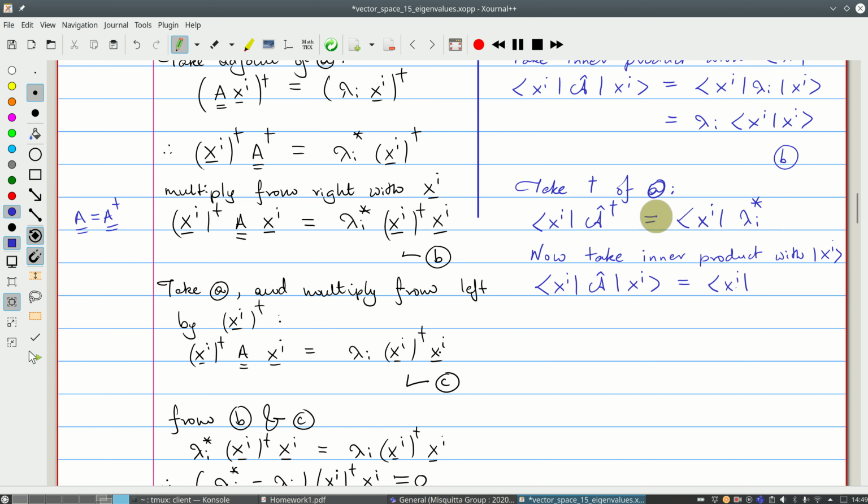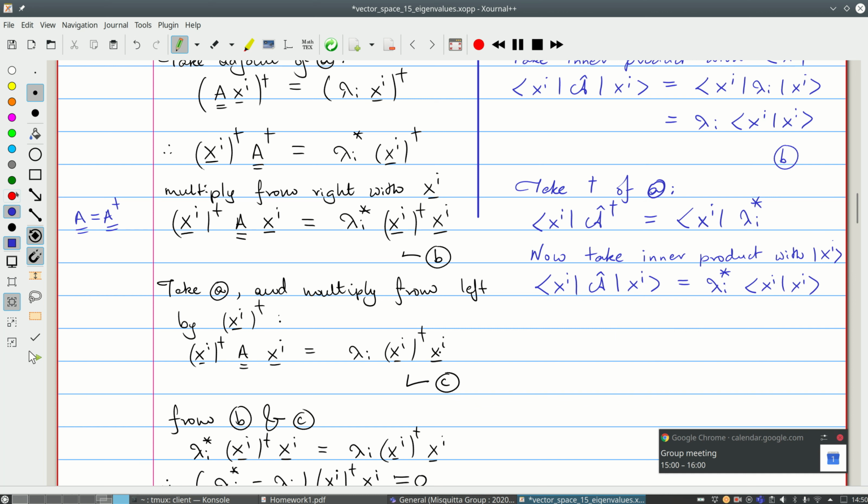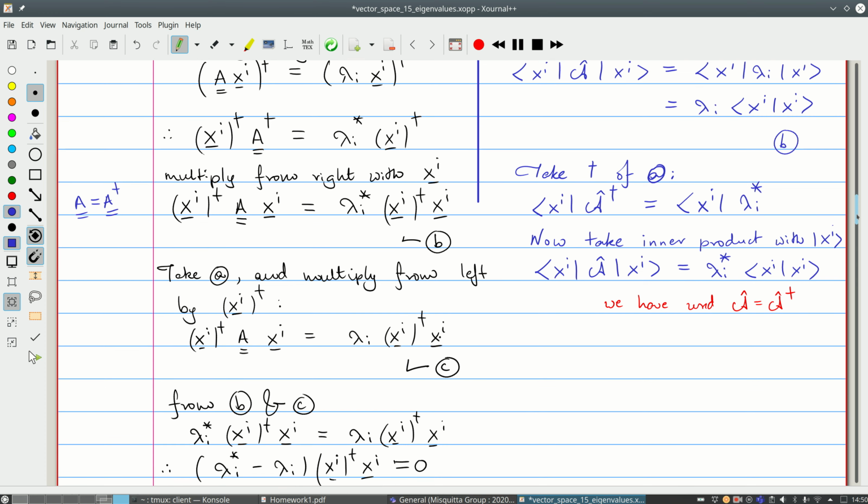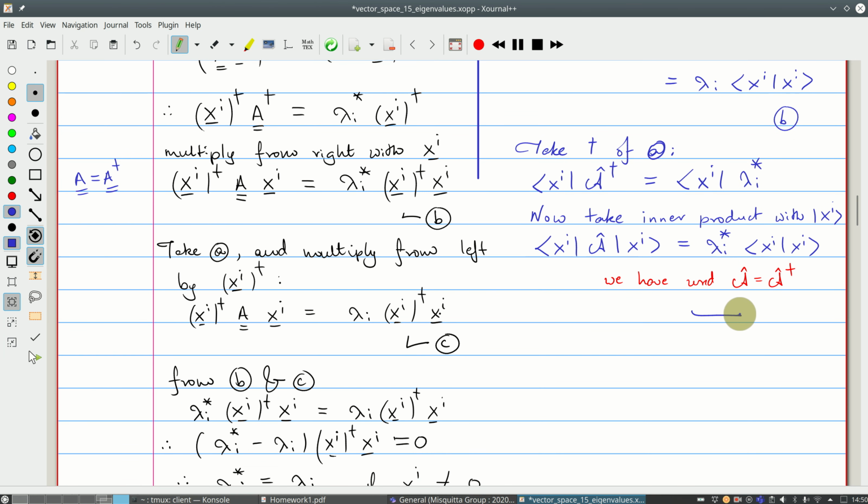And I can pull the lambda I out over here. It's a scalar, so it's already been adjointed. I'll put that in red, and we'll call this equation C.